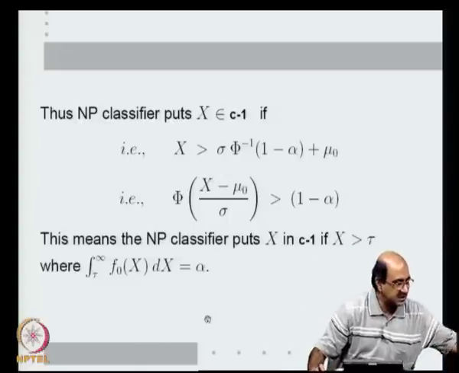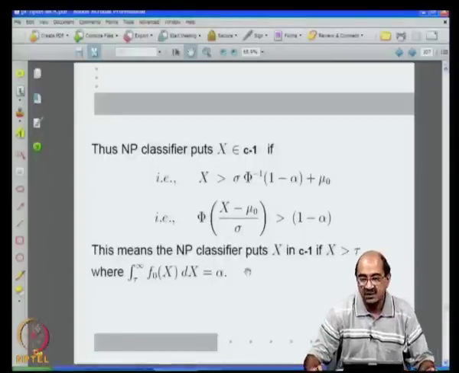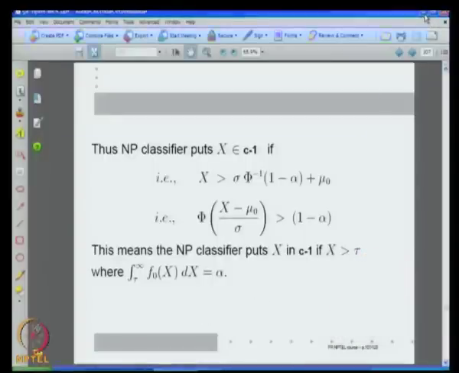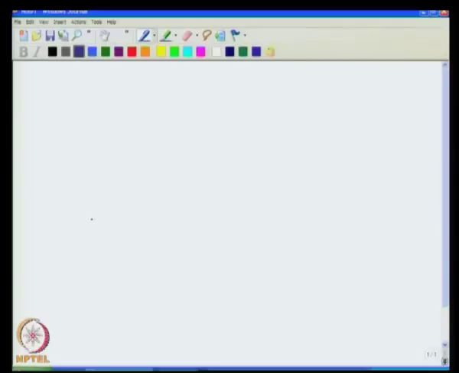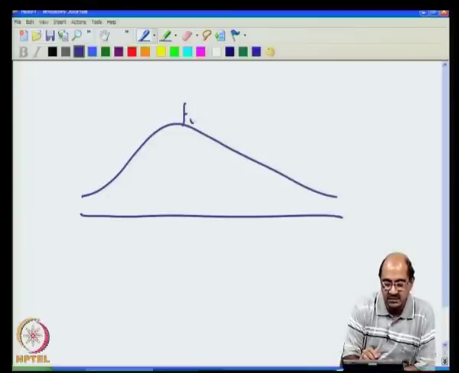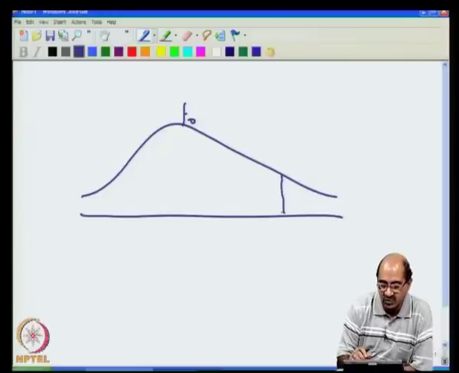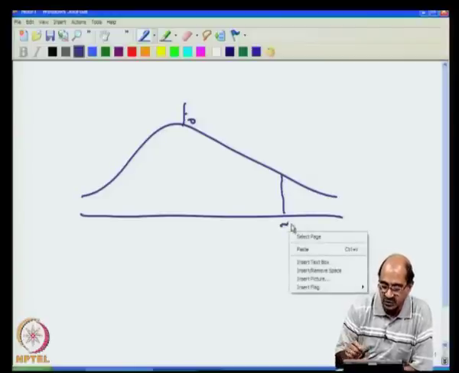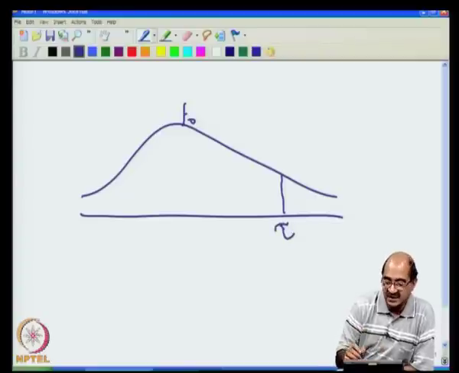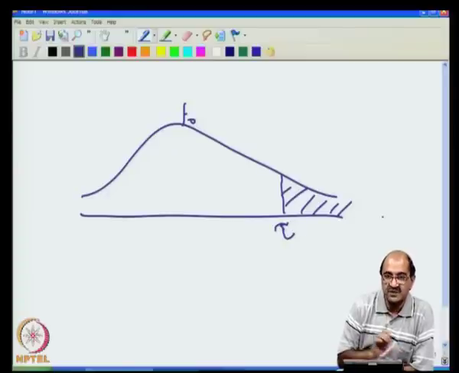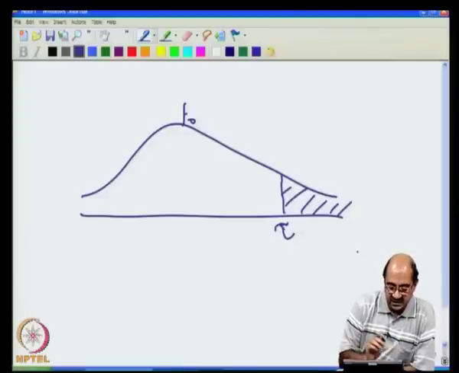So, let us look at this, what it means. So, if this is my f0, I am choosing a tau as my threshold such that this area from tau to infinity is equal to alpha. That is the allowed type 1 error. Okay.